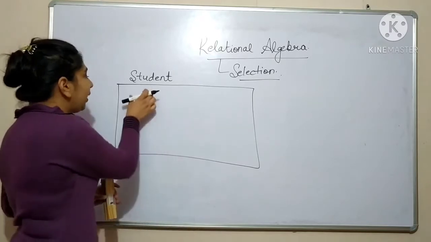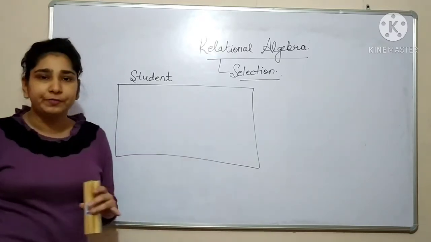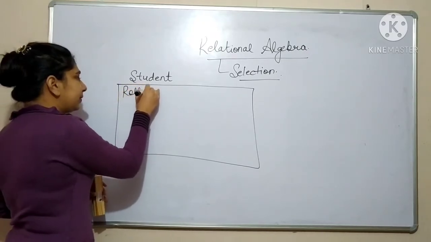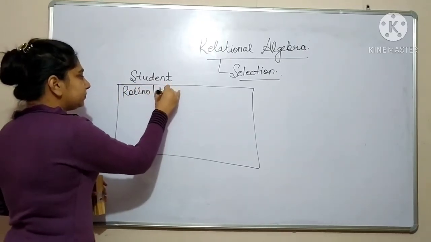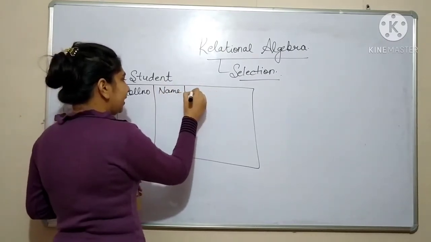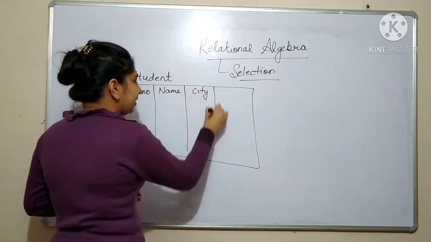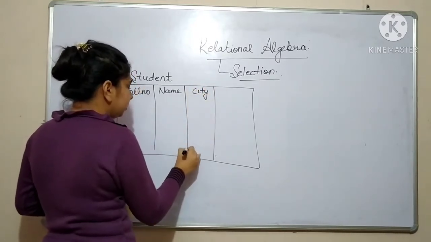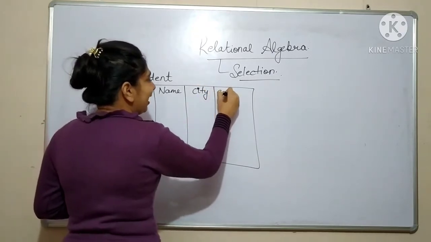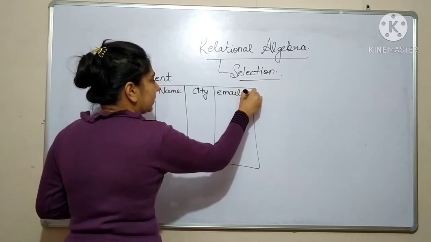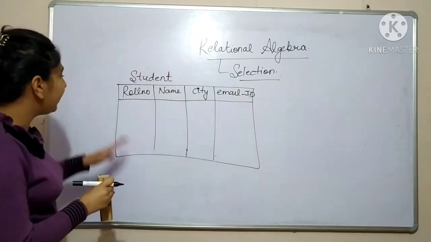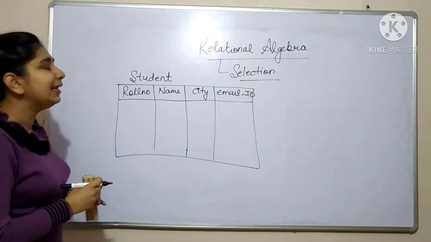I have various attributes in this relation: roll number, name, city, and email ID. These four attributes are present in the relation.